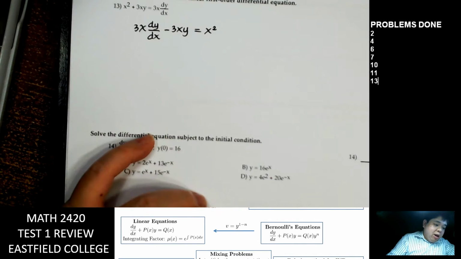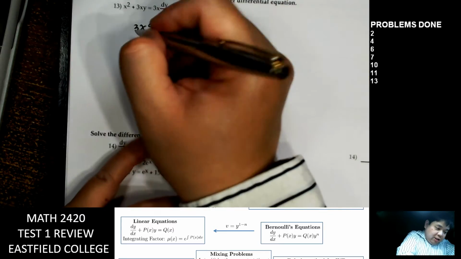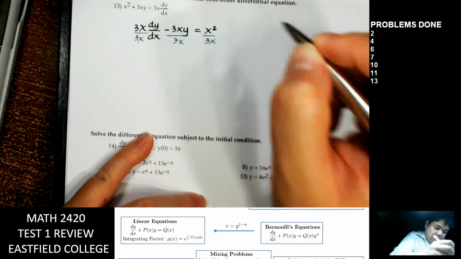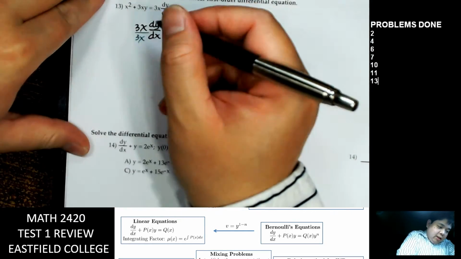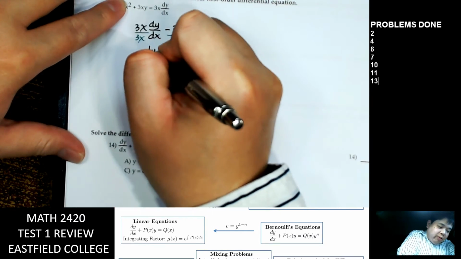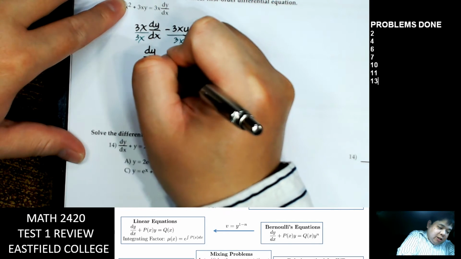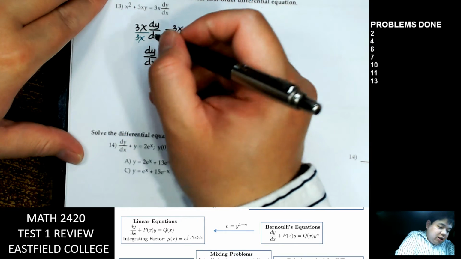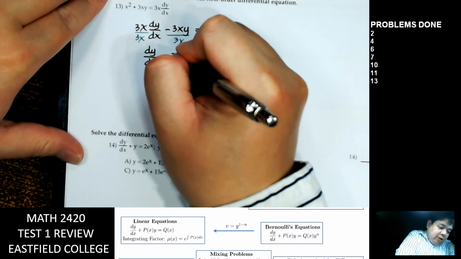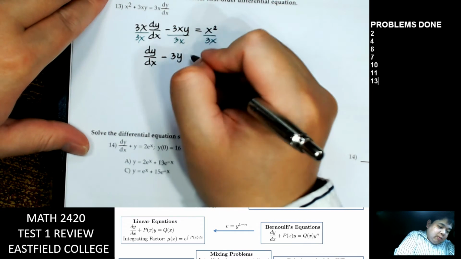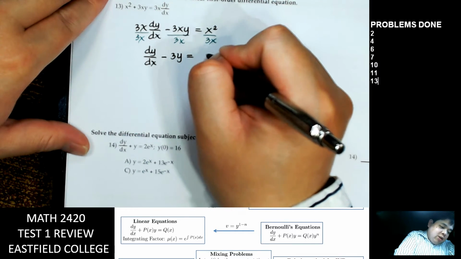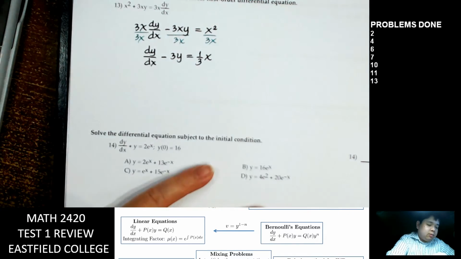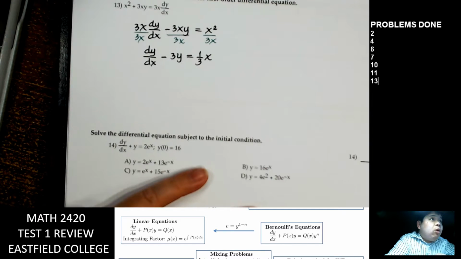And also we divide by 3x everywhere, because we need to have the derivative by itself. Pretty much everything cancels out. Just have negative 3y. X squared, x cancel out, we have 1/3 x. Right, I have to write that in the standard form.